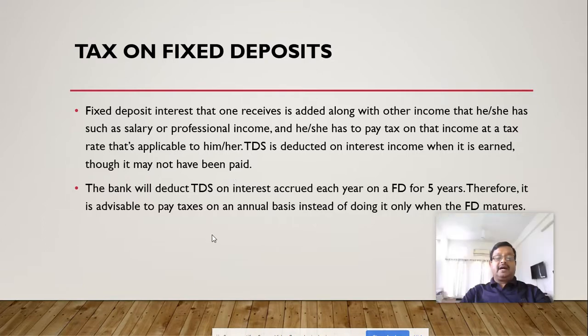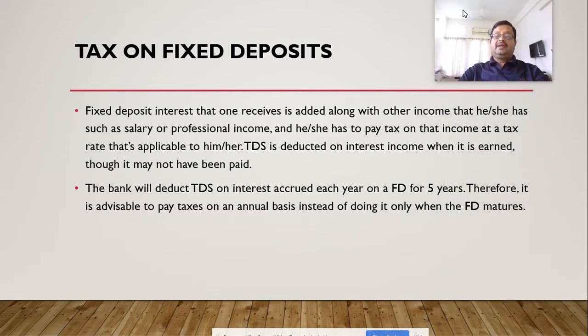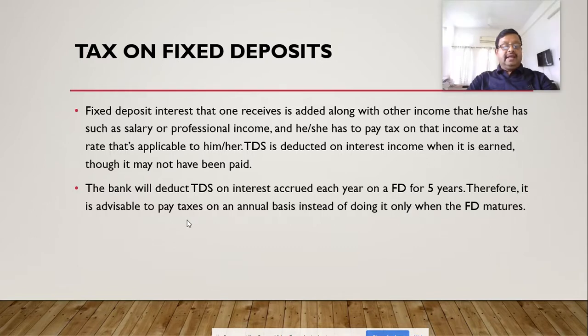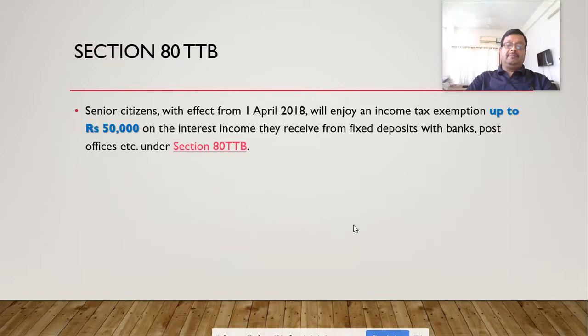The bank will deduct TDS on interest accrued each year on an FD of, say, 5 years. Therefore, it is advisable to pay taxes on an annual basis instead of doing it only when the FD matures. There is an advice that income tax should be paid on an annual basis rather than waiting for the FD to mature at the end and then paying tax.